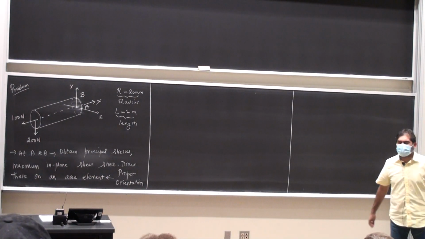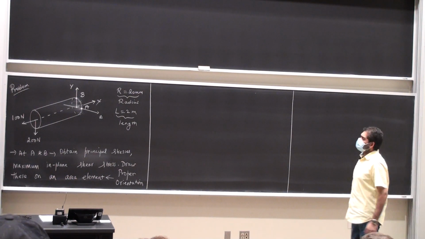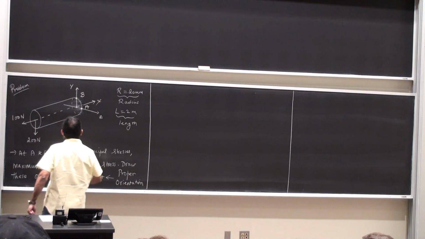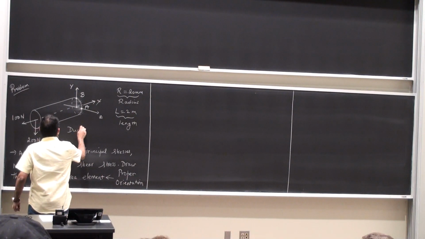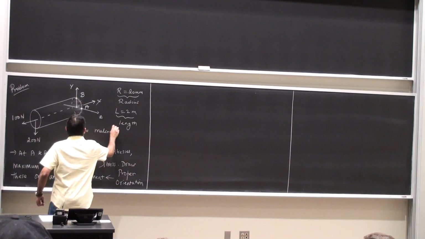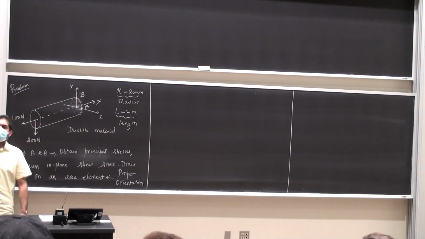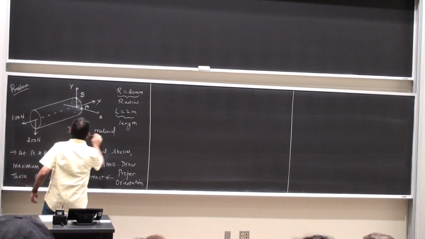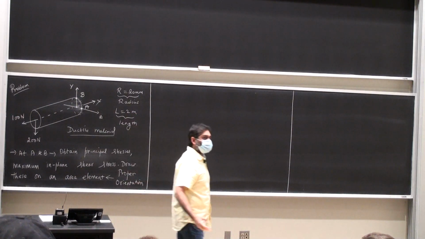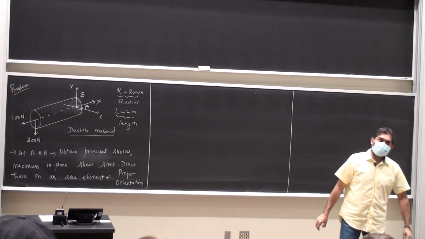And if you want, we're not going to talk about material behavior, but we can think of this as a ductile material just for simplicity. Which means the shaft is made of steel or aluminum or one of those kinds of ductile materials. And if you have a ductile material, the method of failure is due to shear stresses. Okay?